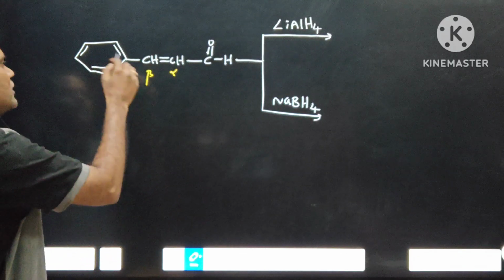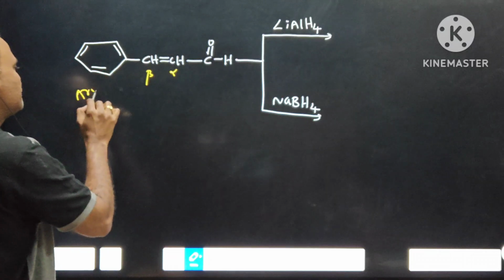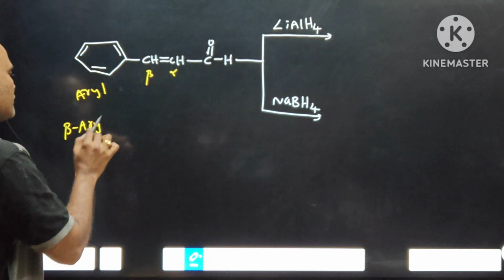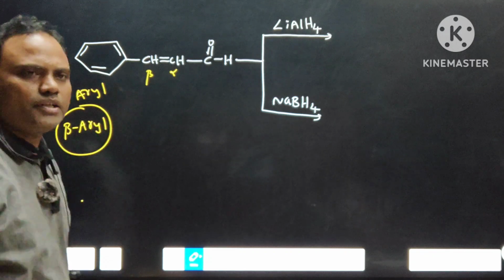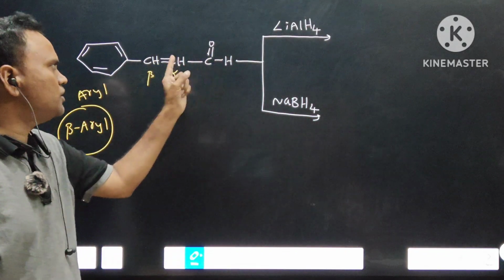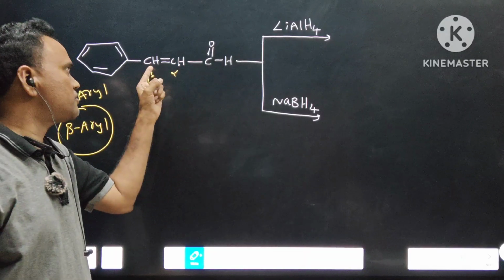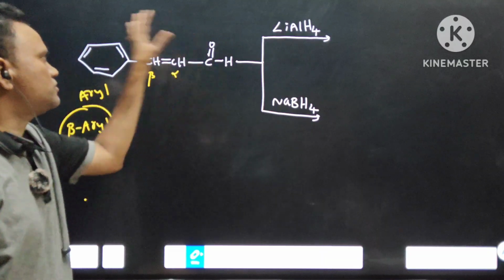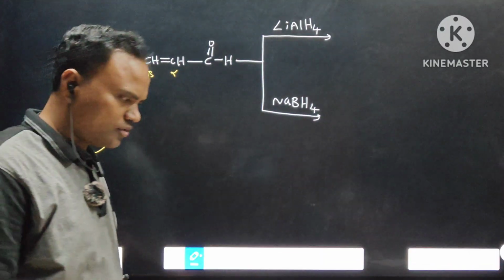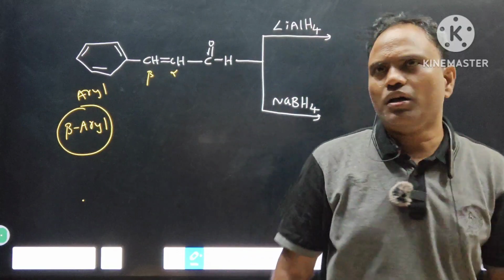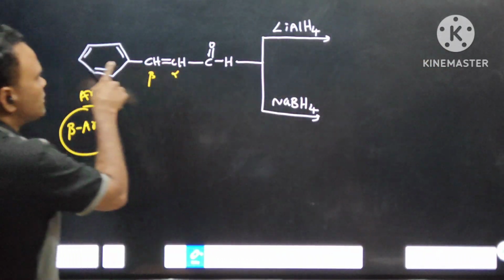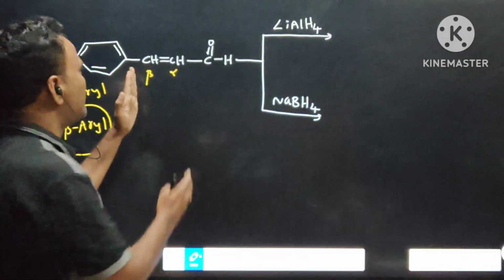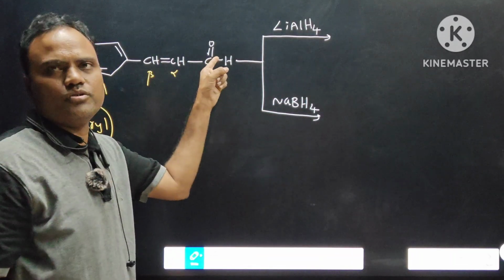In the beta position there is an aryl group. So this total compound is called a beta aryl compound. Or you can remember it like this: the double bond is present adjacent to the benzene ring. In that case, the double bond will be reduced. H and H will be added, and this also is reduced.